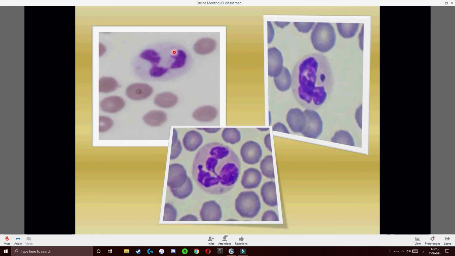While this cell is a neutrophil in a male, where no sex chromatin, bar body, or drumstick is found on the surface of the nucleus.